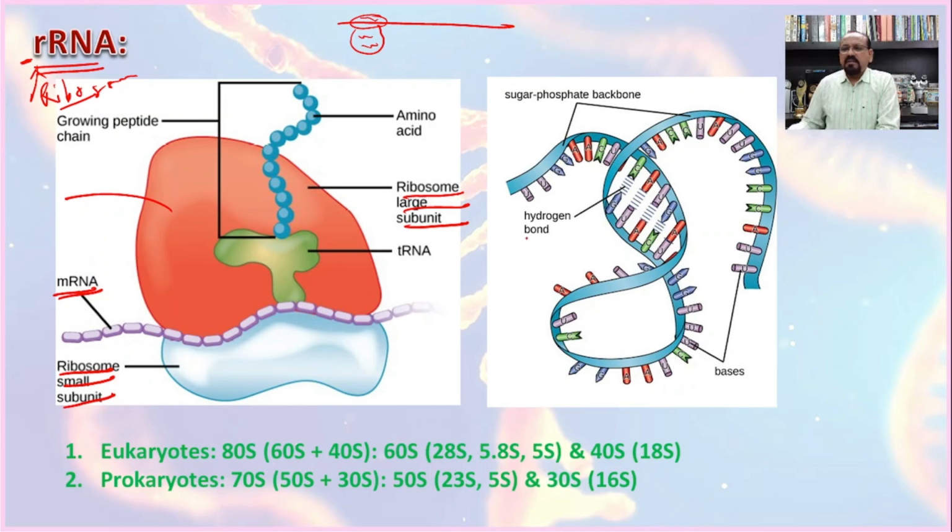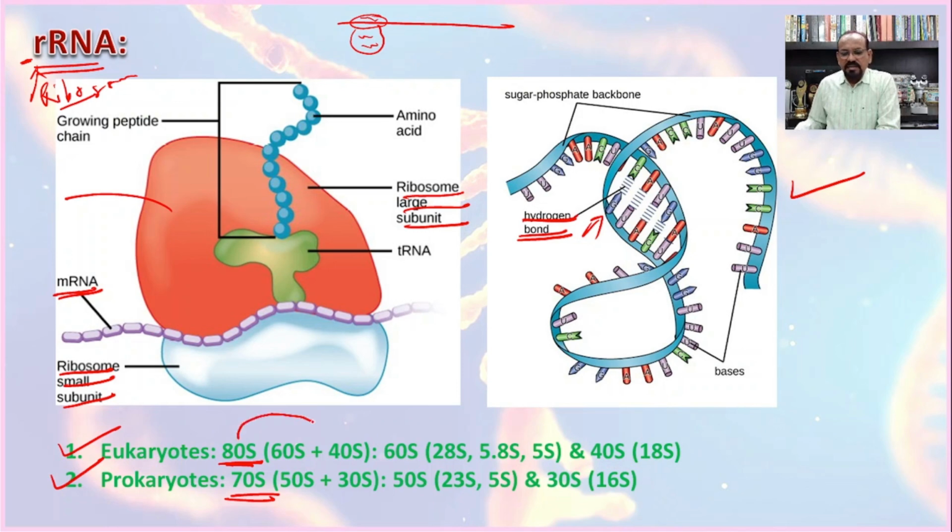Usually these rRNAs are single stranded, but they are folded upon themselves, and because of that there is formation of hydrogen bonding between complementary nitrogen bases. If we see prokaryotes and eukaryotes, in eukaryotes there are 80S ribosomes, and in prokaryotes there are 70S, S for sedimentation coefficient.